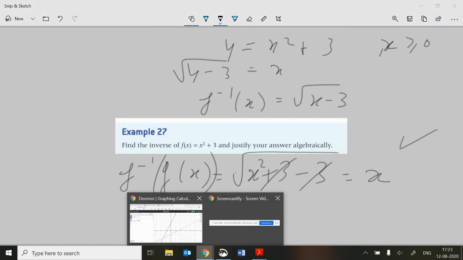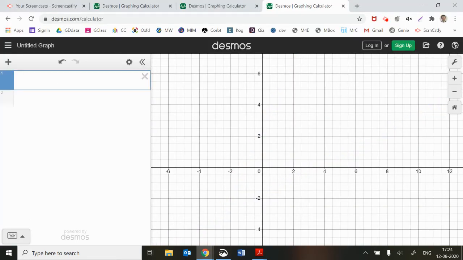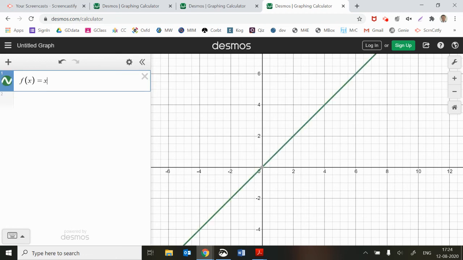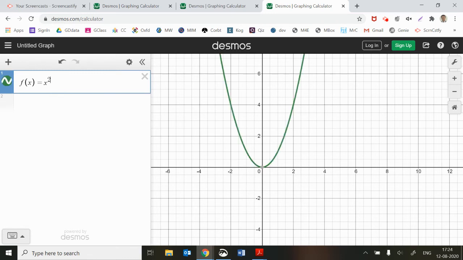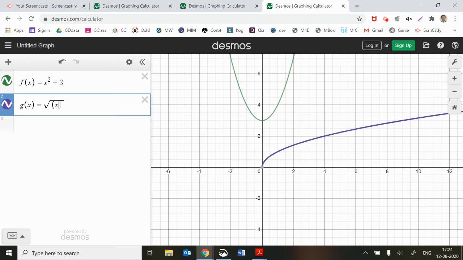Now, what I was just talking about there, let's have a look at this on the graph. A neater graph than the one I was trying to come up with. x squared and then plus 3. So you can see it's much deeper than the version that I was trying to draw. And then our inverse function was equal to the square root of x minus 3 here.